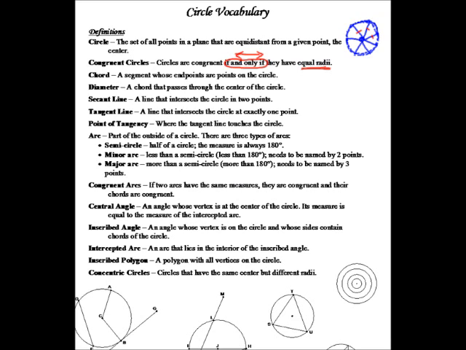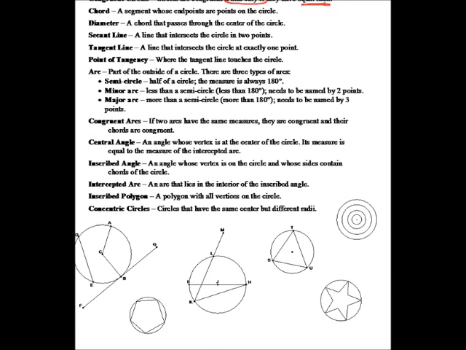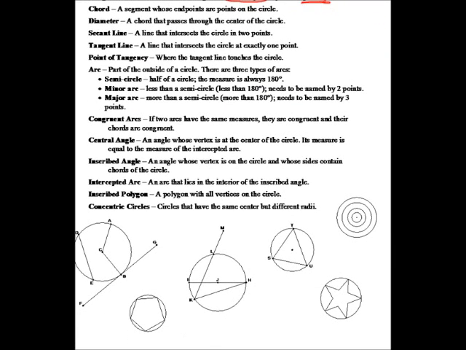A chord. A chord is a segment whose endpoints are on the circle. So if you look down at the picture below, and I'm going to look at that very first circle, this segment DE is an example of a chord.